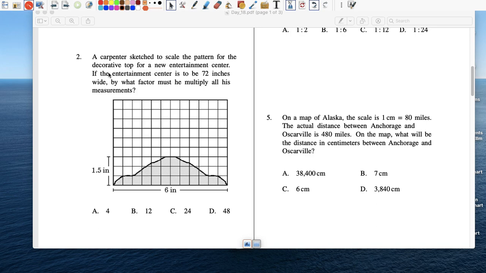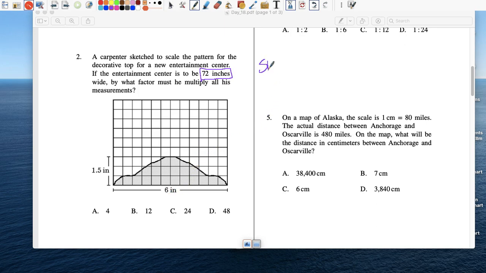I guess this is the picture, and the entertainment center in real life is 72 inches, right? So in the picture, the width is 6. So what is the factor?